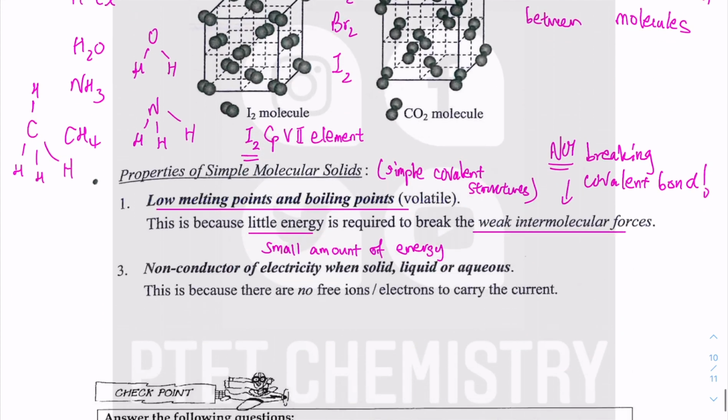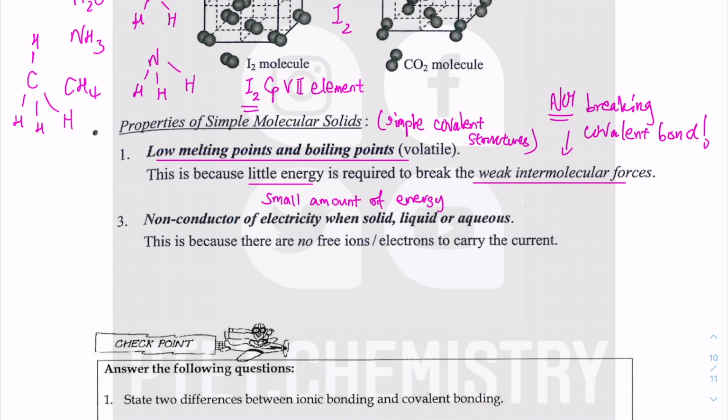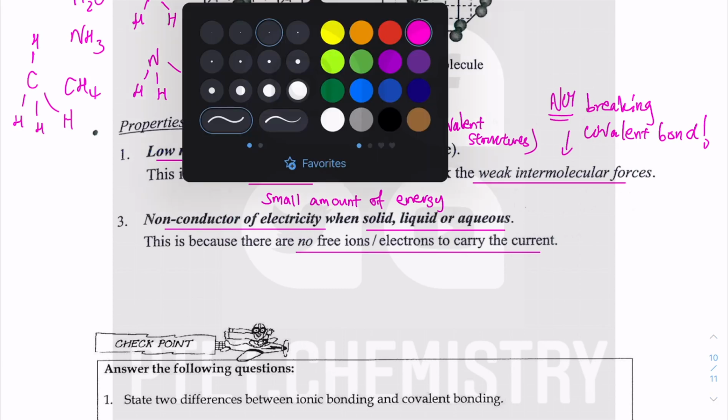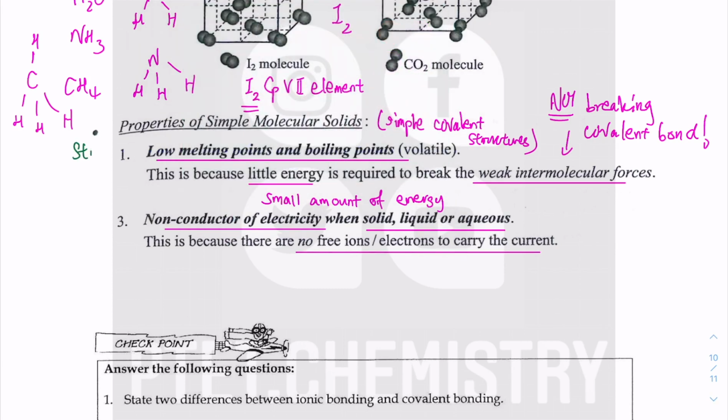If you don't know, you cannot blame Cambridge, because Cambridge tells you 3 years in advance. These are non-conductors of electricity. No matter whether they are solid, liquid, or aqueous, they simply do not conduct electricity. They want you to explain that there are no free ions or free electrons to conduct electricity.